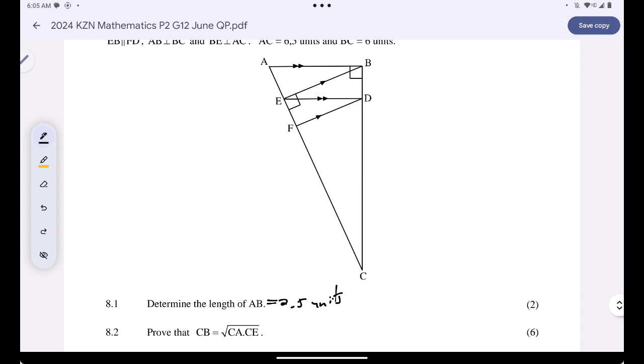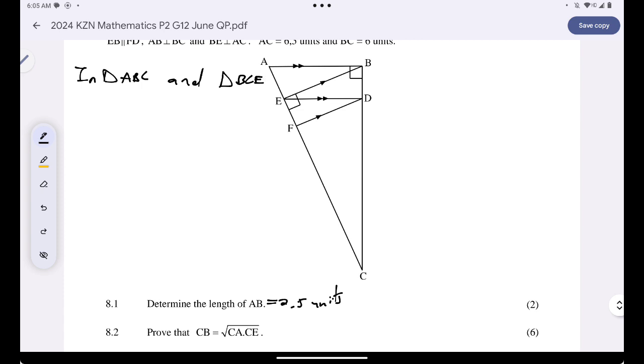CA and CE. Okay, I can say that in triangle ABC and triangle BCE.